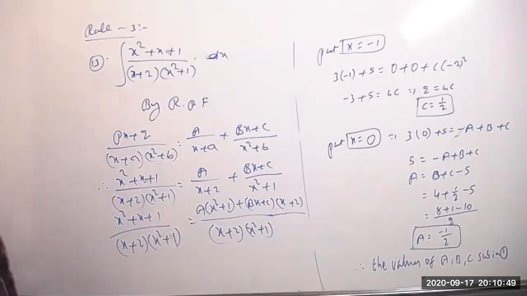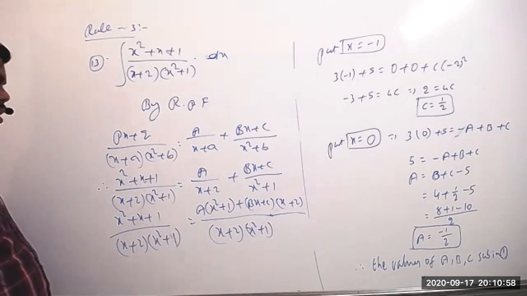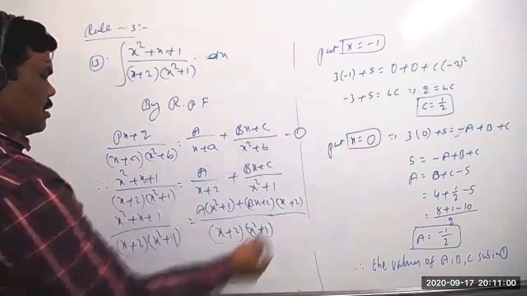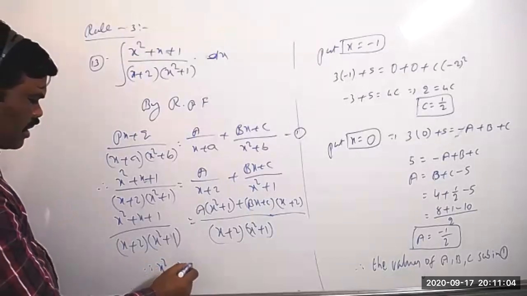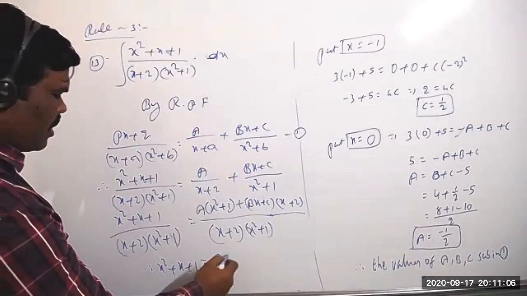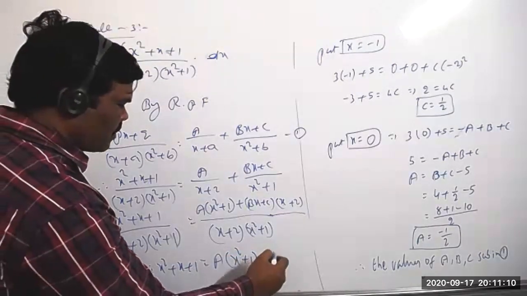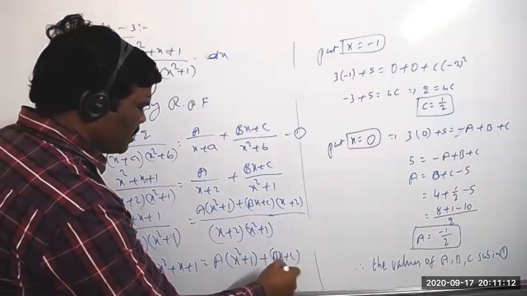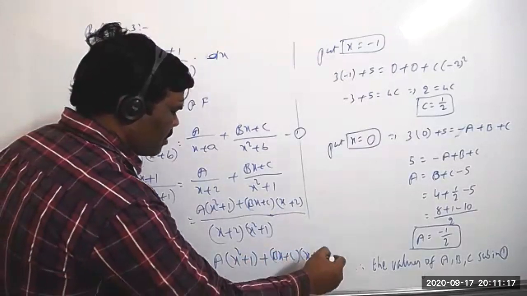Now denominators are equal, so clearly you can equate the numerators. Take this as equation number 1. So you can write x square plus x plus 1 is equal to a into x square plus 1 plus bx plus c into x plus 2. Take this as equation number 2.